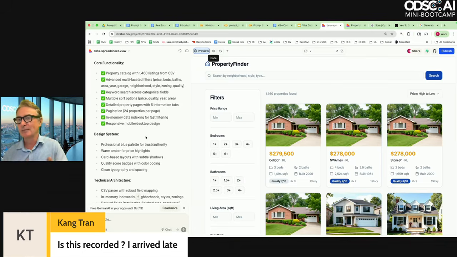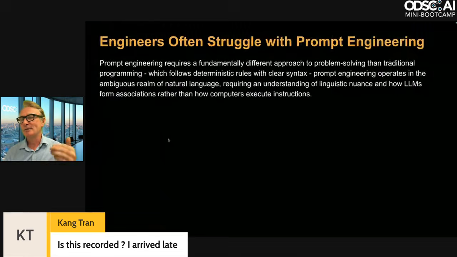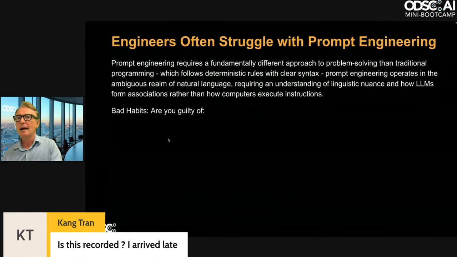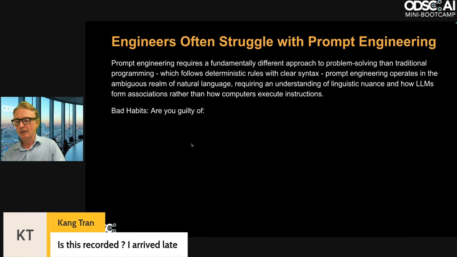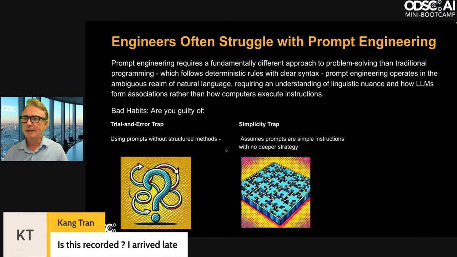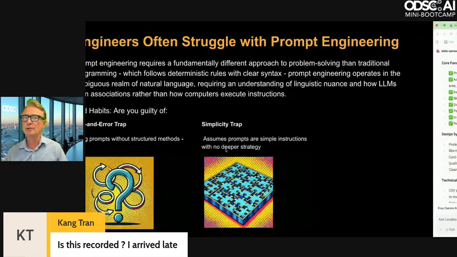So again, prompt engineering here is not so much about coding, but understanding how these platforms work and how large language models work. So, bad habits: if you're an engineer, you're probably guilty of using prompts without structured methods. You assume prompts are simple instructions with no deeper strategy.